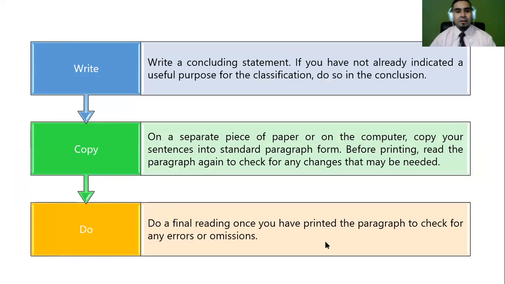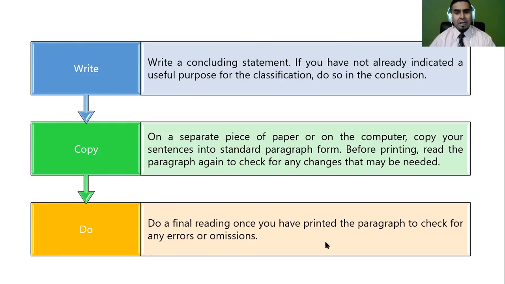Now, write. Write a concluding statement. If you have not already indicated a useful purpose for the classification, do so in the conclusion. Copy. On a separate piece of paper or on the computer, copy your sentences into standard paragraph form.